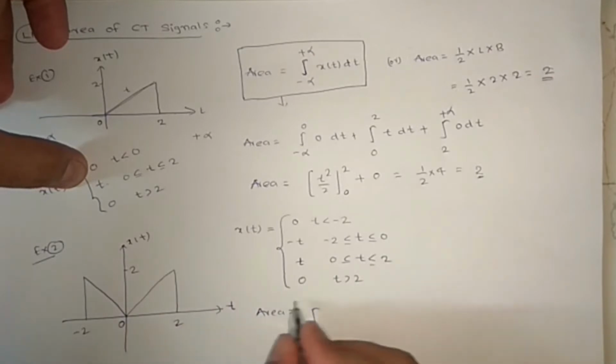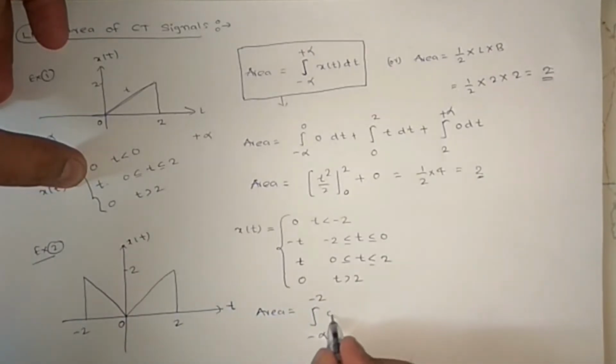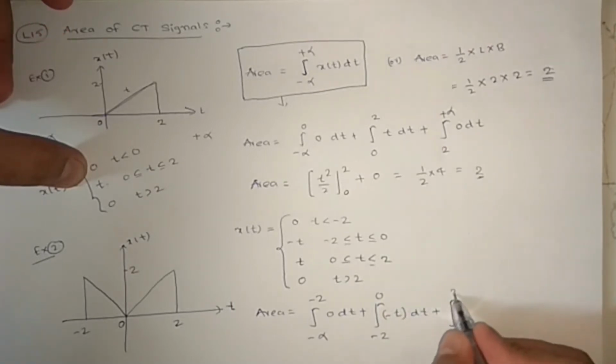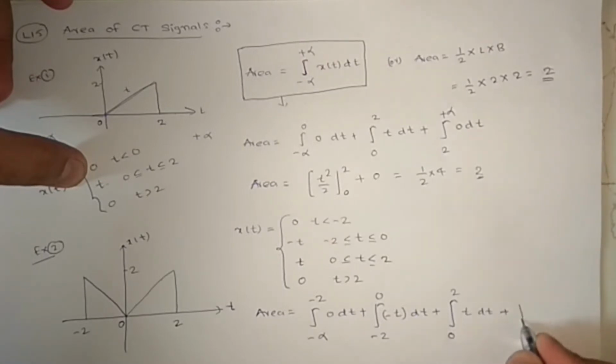So minus infinity to minus 2 we have 0 dt, plus minus 2 to 0 we have minus t dt, plus 0 to 2 we have t dt, plus 2 to infinity 0 dt.